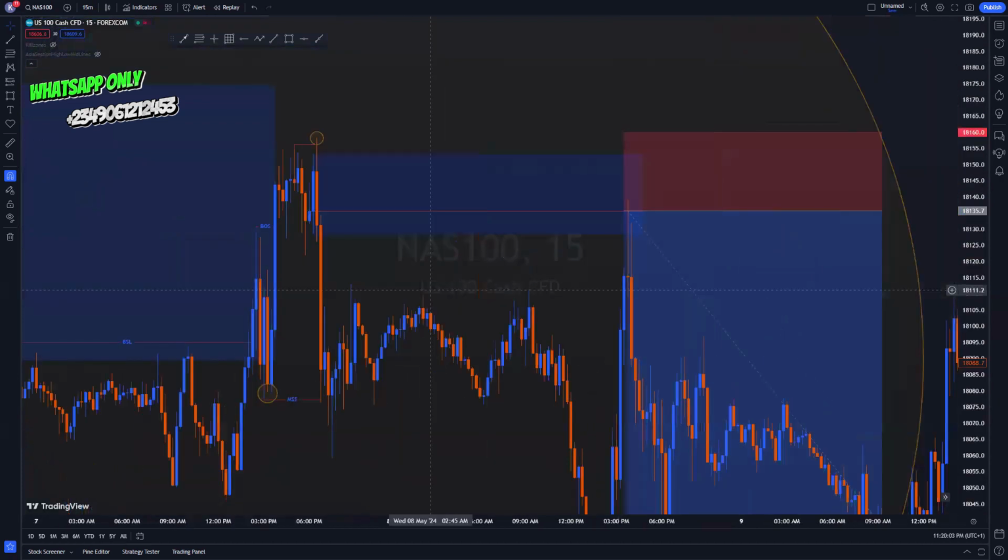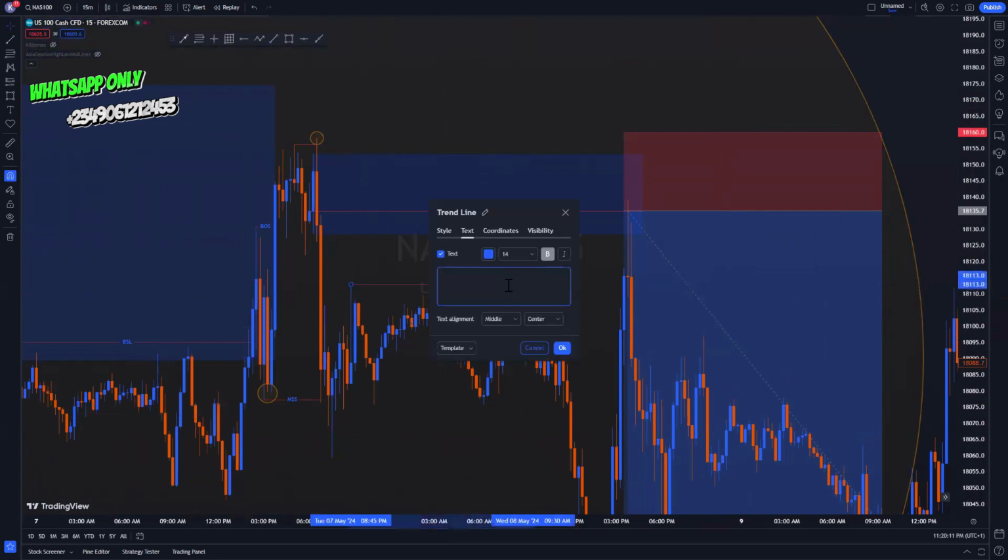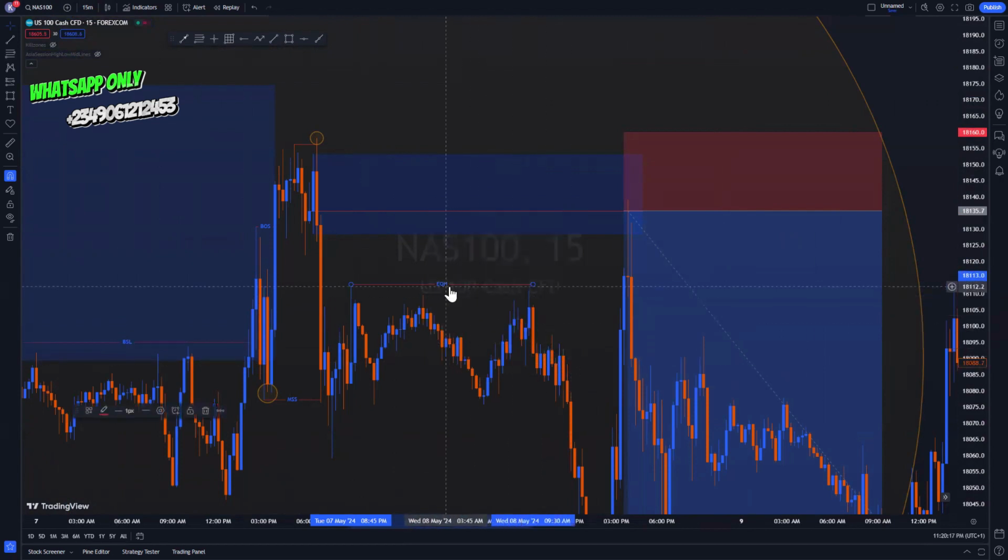Before I round up, one thing I also want to bring to your notice is this. If you look, you're going to see we have equal high liquidity at this point. Now this equal high liquidity has given you more confirmation, because now price will have to go back up and grab this liquidity. One thing you must understand is that liquidity fuels price.